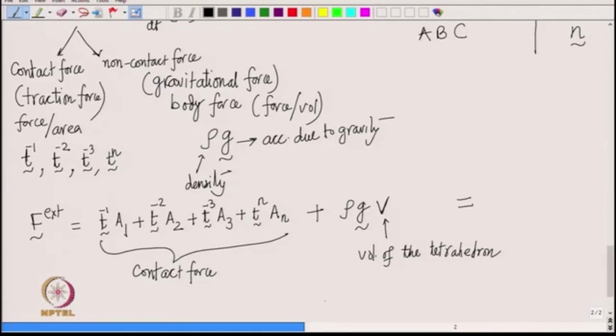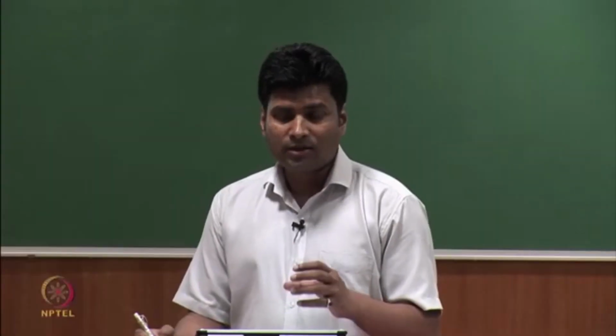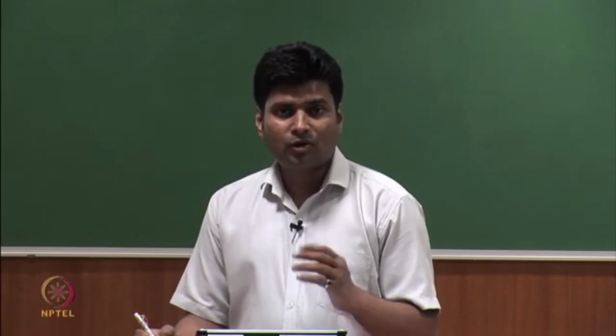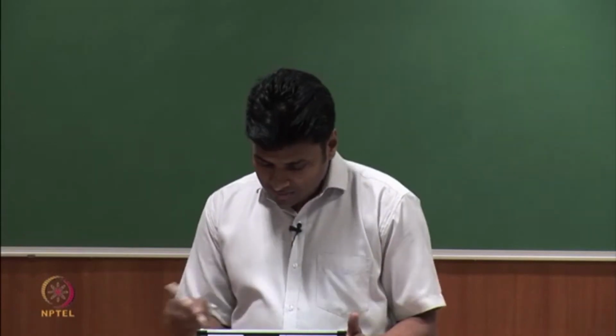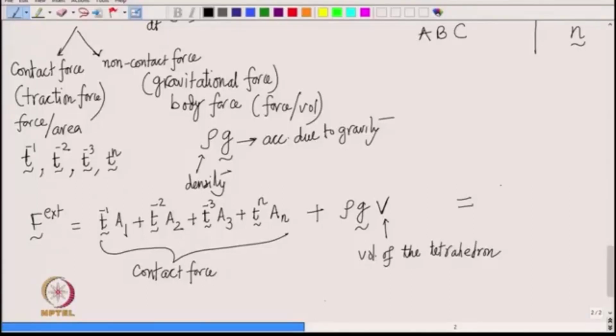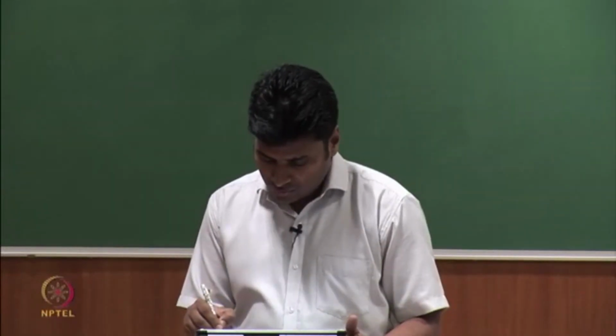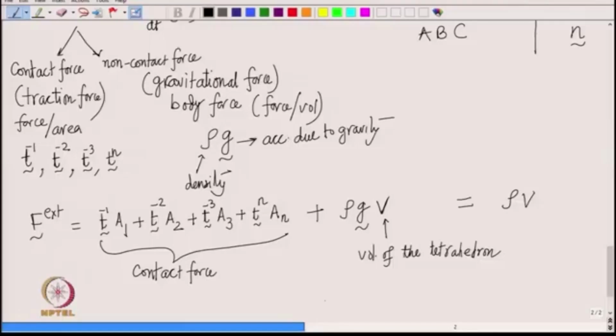And if you remember your first year mechanics, you could also write it as mass times acceleration of the center of mass of the tetrahedron. So, what is the mass of the tetrahedron? That is rho, the density, times the volume. So, it is rho V, that is the mass, times the acceleration of the center of mass of the tetrahedron.